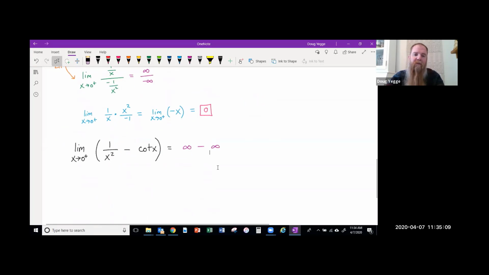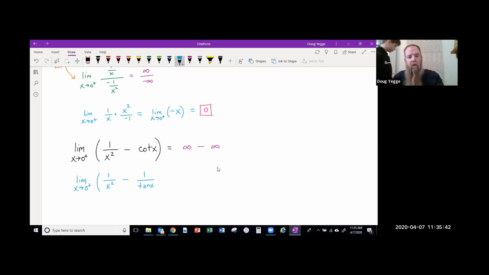So the key here is to try to get this to be a single fraction. Okay. So there's a couple of ways to do this. Perhaps you could just get a common denominator for cotangent x. Perhaps you thought to rewrite this as the limit as x approaches 0 from the right of 1 over x squared minus 1 over tangent x.